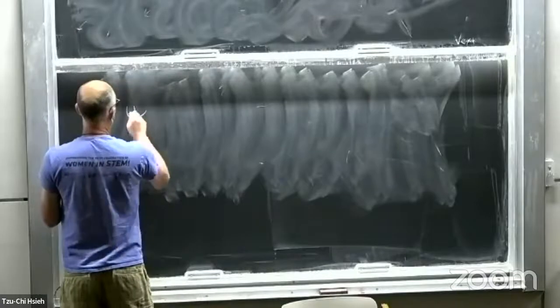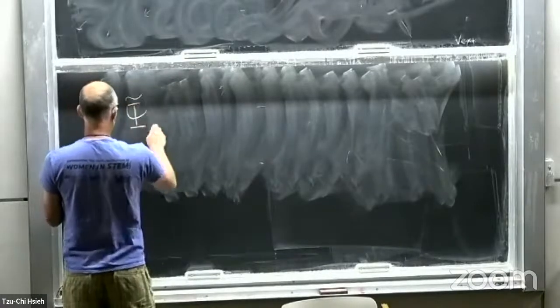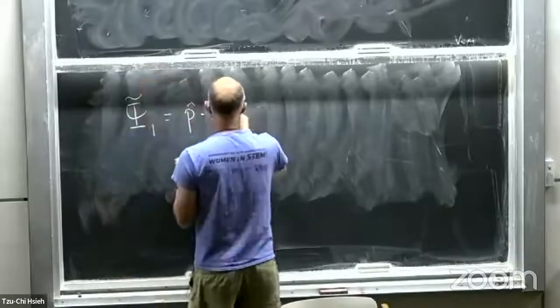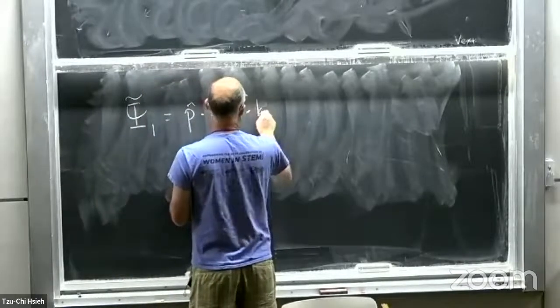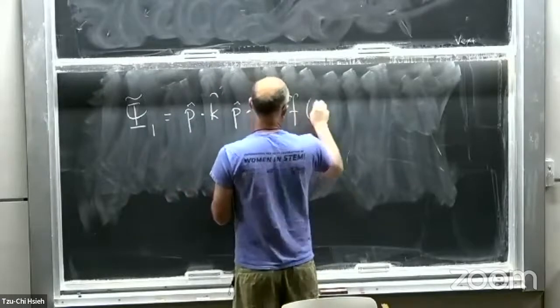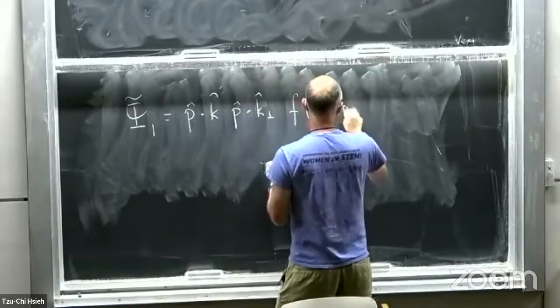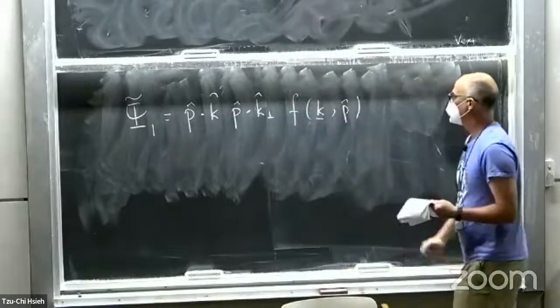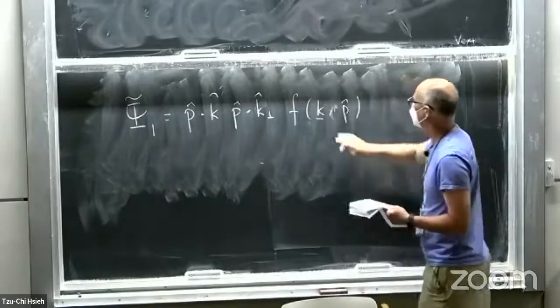So saying it a little more precisely, psi1 has this angular dependence that I just mentioned, this explicit angular dependence. And then it's got to be some function of k and p, and this has got to be a scalar.